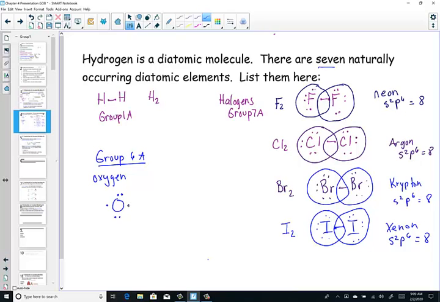We can clearly see that it is unstable because it does not have its octet. Now, when I draw another oxygen, because I know it's going to be diatomic, I can see a site here where those 2 oxygen atoms can combine. And that's a first single covalent bond. But I still notice that this oxygen has a lonely electron over here, and this oxygen has a lonely electron over here.